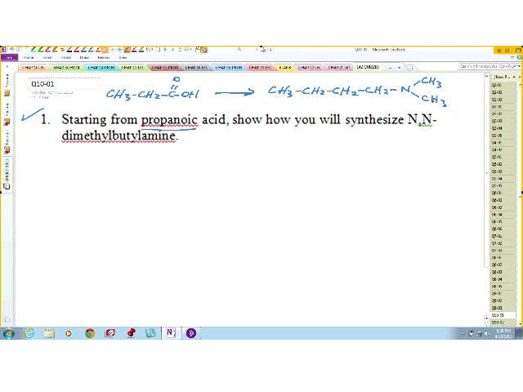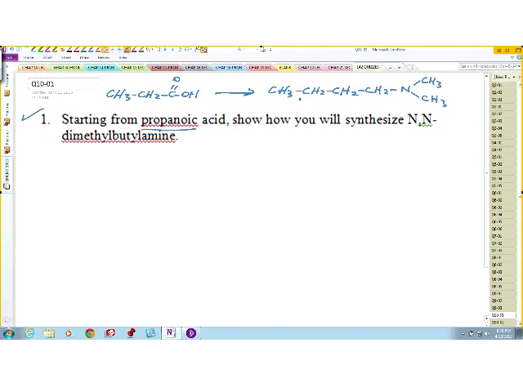Before we start with this synthetic design, let me ask you a few questions here. If you take a look at the starting material, how many carbon atoms do we have in the starting material? 3. How about in the product? 4. So therefore, what do we need to do? We need to extend the carbon chain by 1.